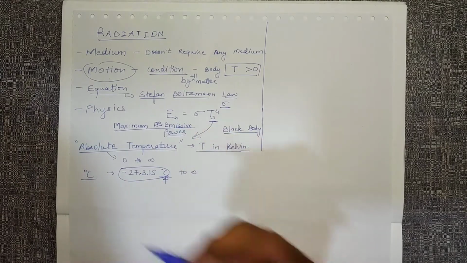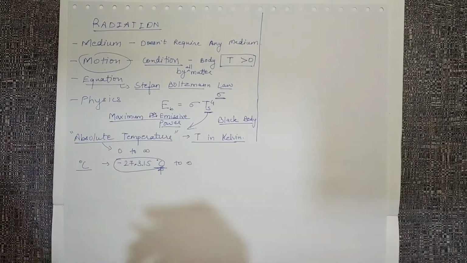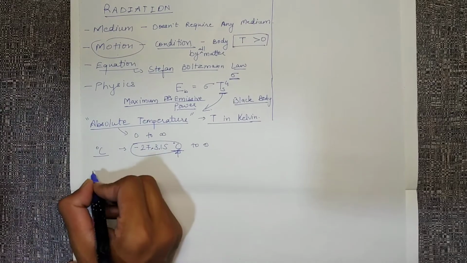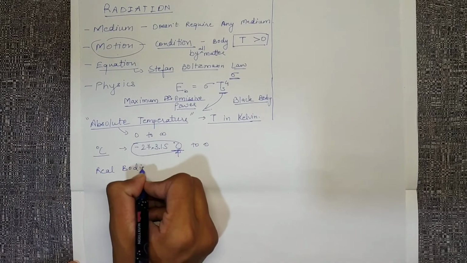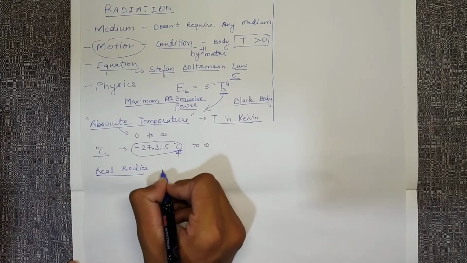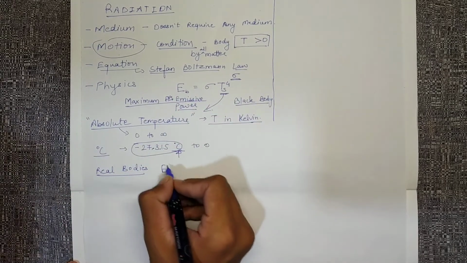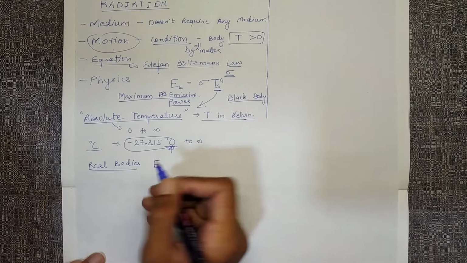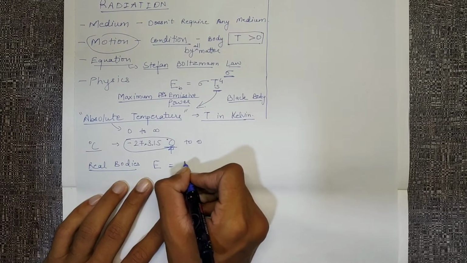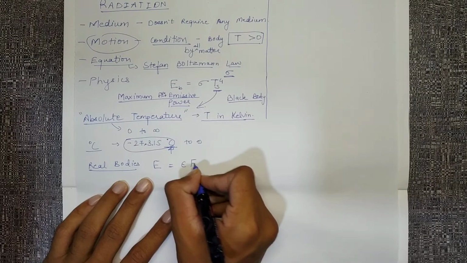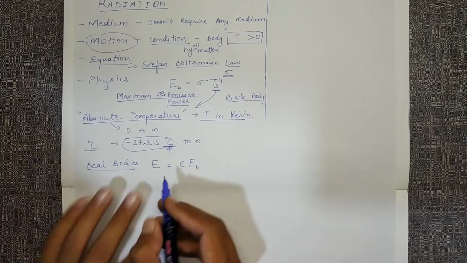So we also include emissivity for real bodies. For real bodies, the emissive power E is some factor epsilon times E_b.